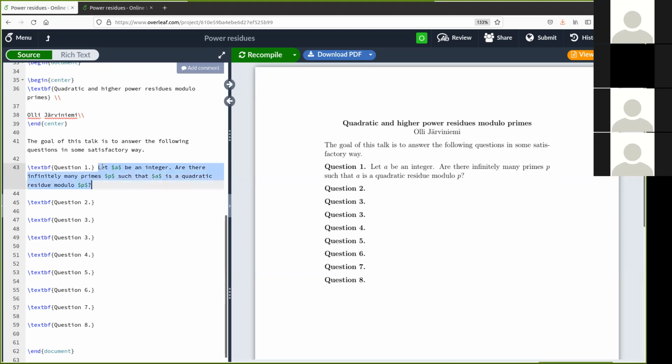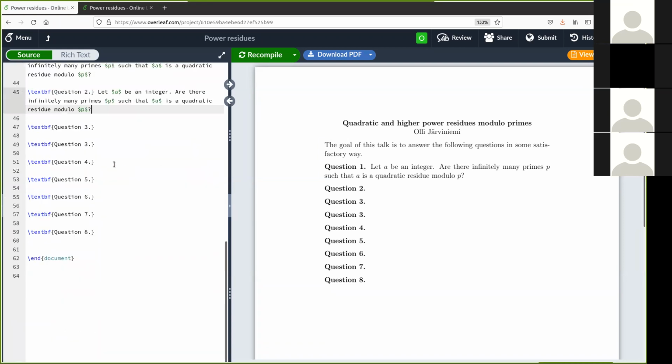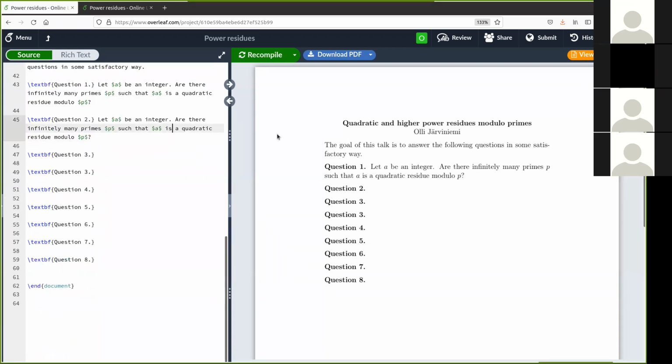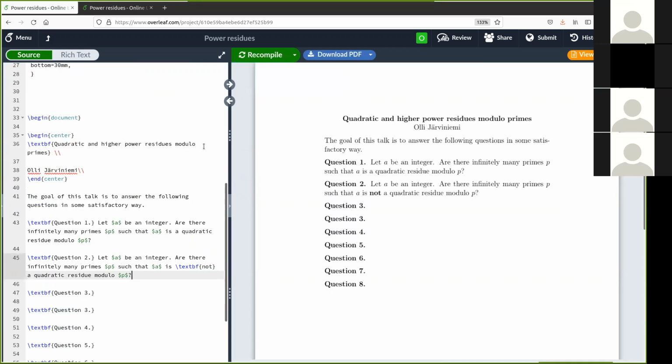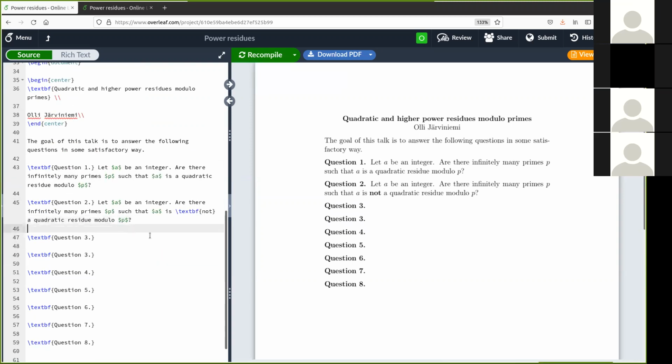Okay, good. In a similar manner, you can answer the following variants of the question. What is the quadratic reciprocity law? We'll cover it in a bit more detail later on.